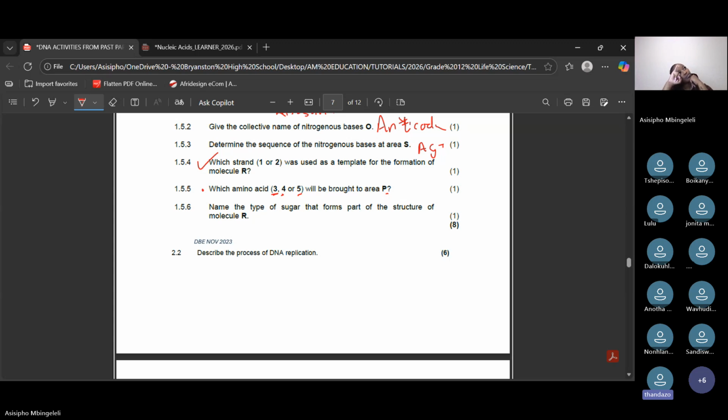And then the weak hydrogen bonds break into two separate strands. Both strands act as a template. Free floating DNA nucleotides from the nucleoplasm join to their complementary DNA base triplet. Hydrogen bonds reform, DNA rewinds and rezips to form two identical DNA molecules. 6 marks.